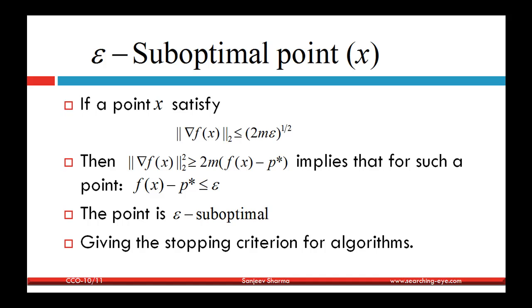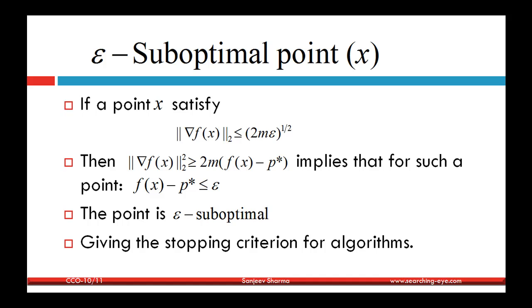Since we cannot achieve the exact minimum value, we put the stopping criterion in the algorithm, that if f(x) minus p star is less than or equal to epsilon, then the algorithm should stop. And since we don't know p star, we seek an alternate solution to stop this algorithm, and the solution is in terms of the gradient of f.